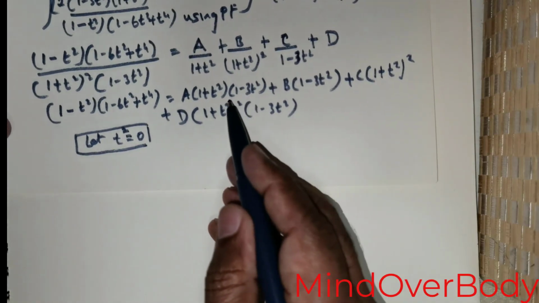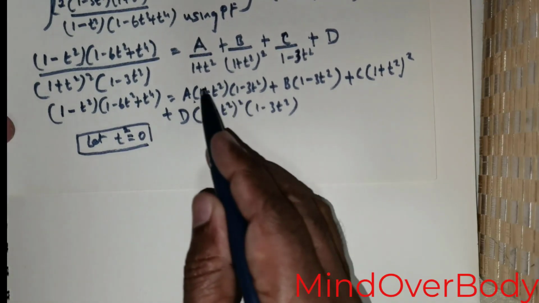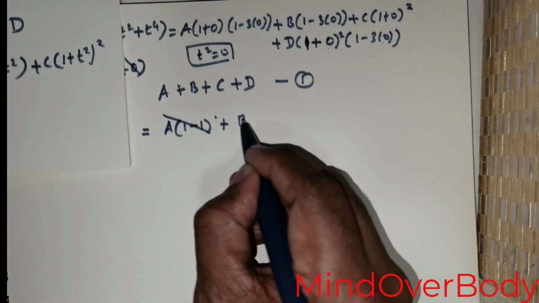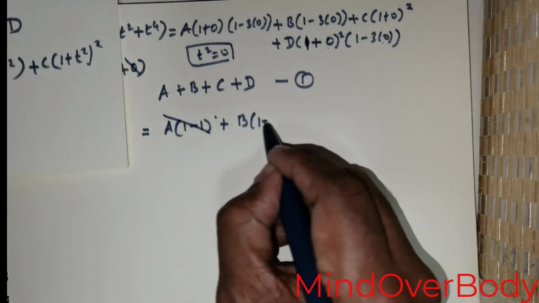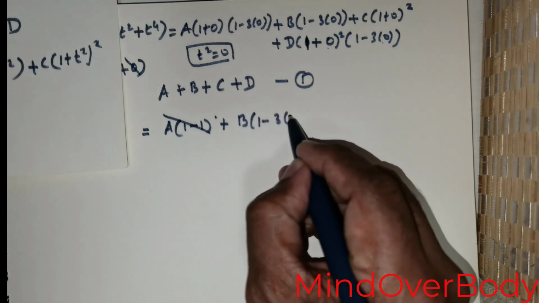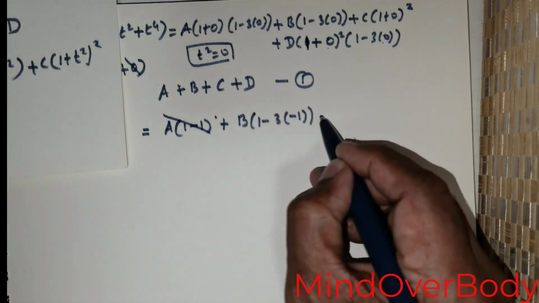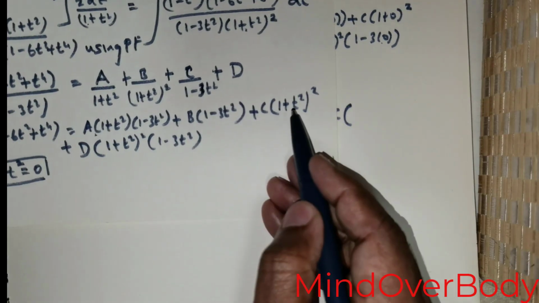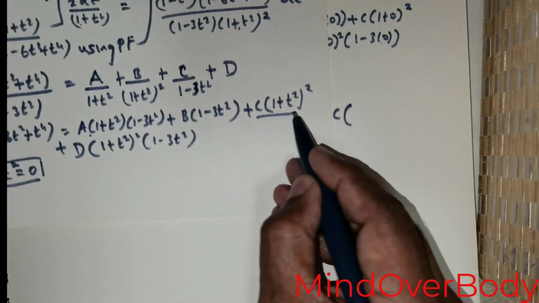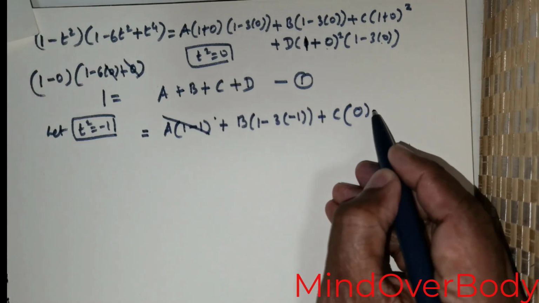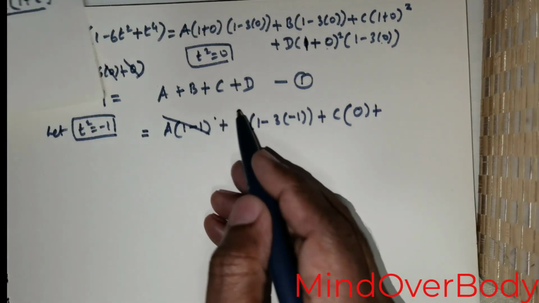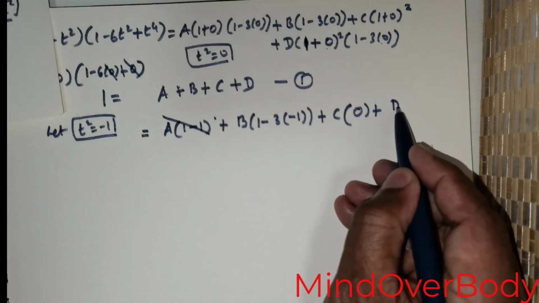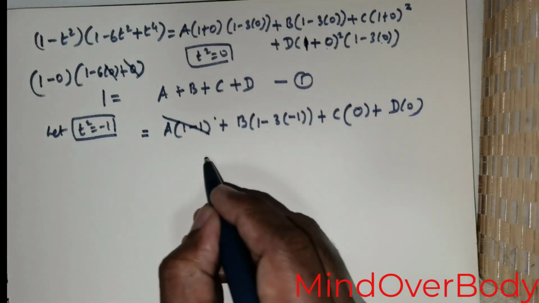In case of b, I've got b of (1 − 3t squared), substituting t squared is negative 1, followed by c of (1 + t squared), so c is going to get cancelled, c will vanish, and followed by d, t squared is negative 1, and my d will also vanish.